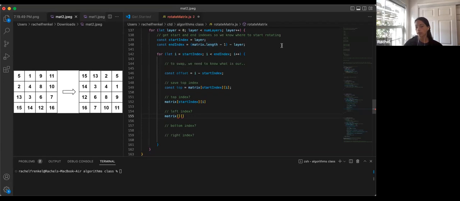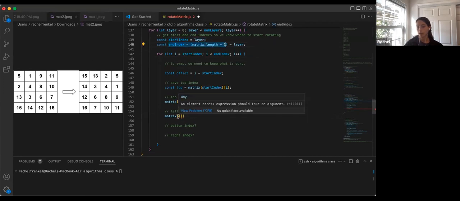But it's the right idea, Driku. What you're actually looking for is end index, because remember, our matrix and our matrix length are more defined by start index and end index. This is telling us where in the layer we're going to start rotating. So end index, yeah.